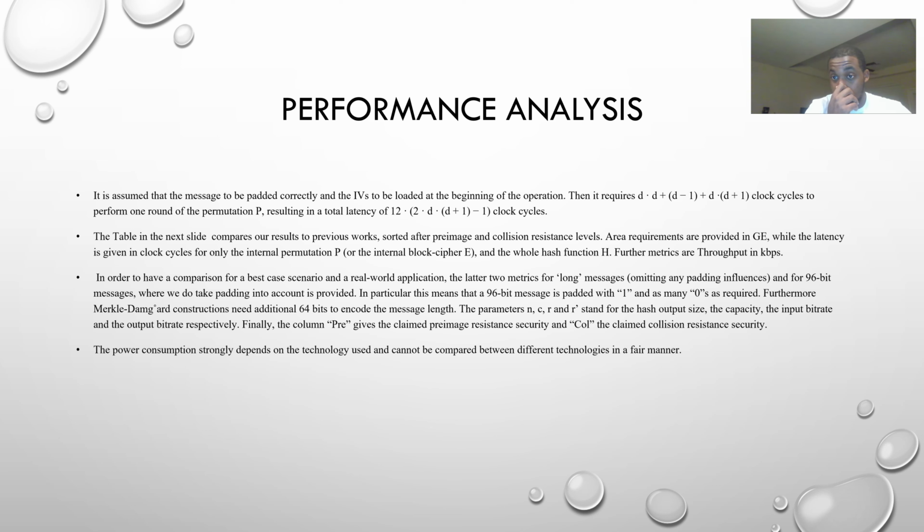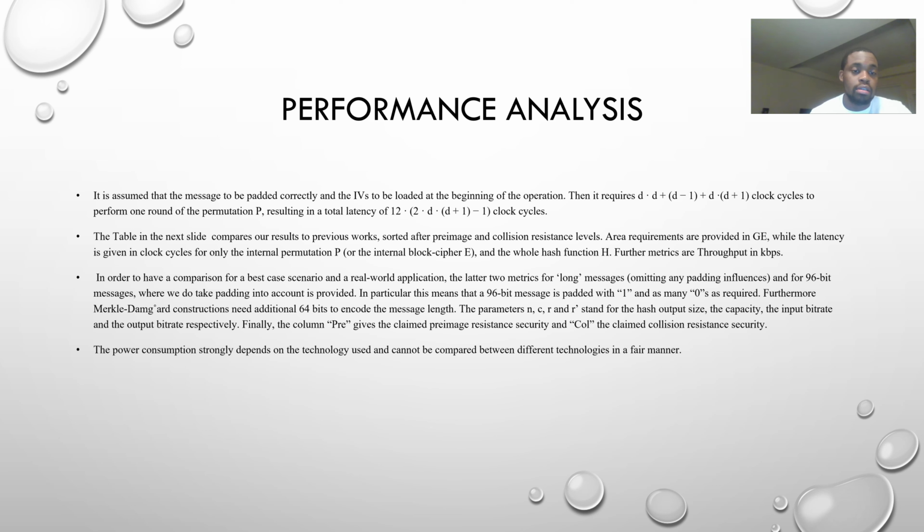Area requirements are provided in GE, while the latency is given in clock cycles for only the internal permutation P and the whole hash function H. Further metrics are throughput in kbps. In order to have a comparison for the best scenario and real-world application, the latter two metrics are given for long messages and for 96-bit messages, where we do take padding into account. In particular, a 96-bit message is padded with 1 and 0s as required.